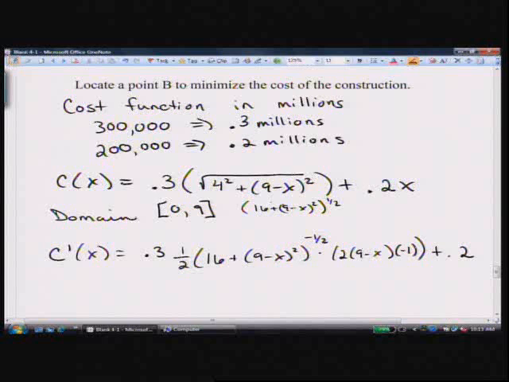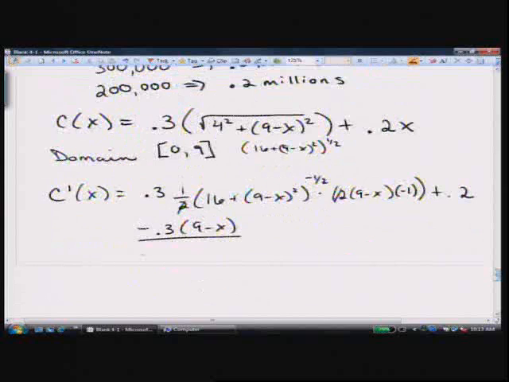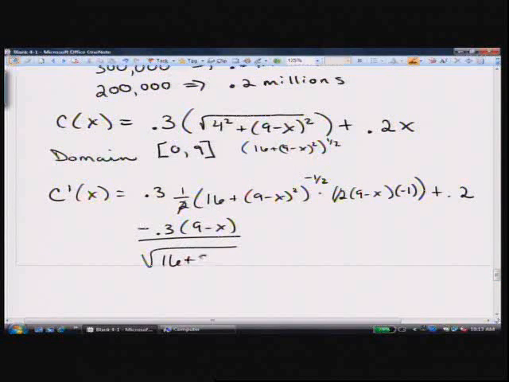All right, so these 2's are going to cancel. And so we will end up with negative 0.3 times 9 minus X, over a denominator of the square root of 16 plus 9 minus X quantity squared, and then plus that 0.2.